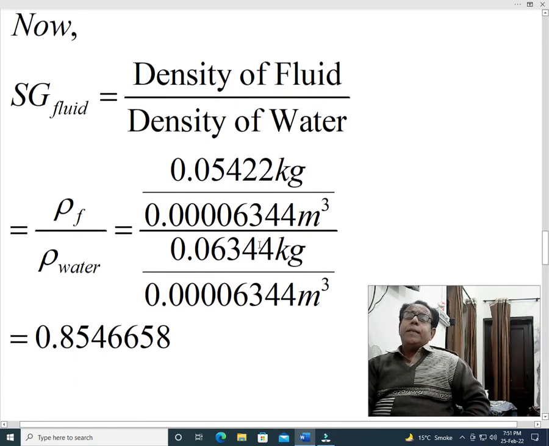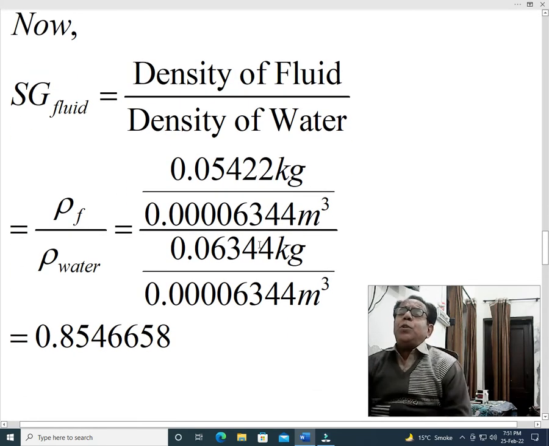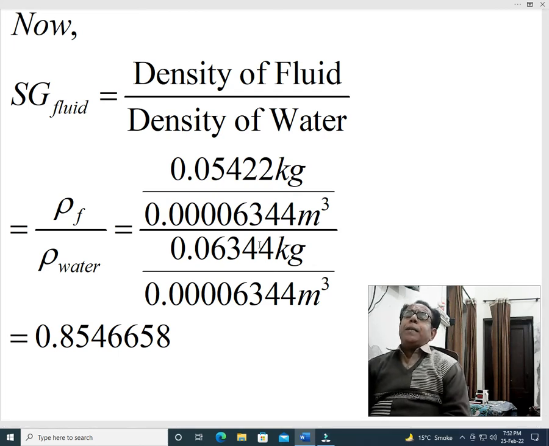Now, specific gravity of fluid, denoted by capital S, capital G, fluid, where fluid is written as a subscript of SG, is equal to density of fluid over density of water. This alternatively becomes rho fluid over rho water.